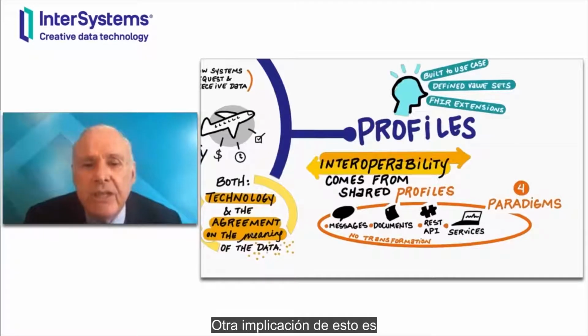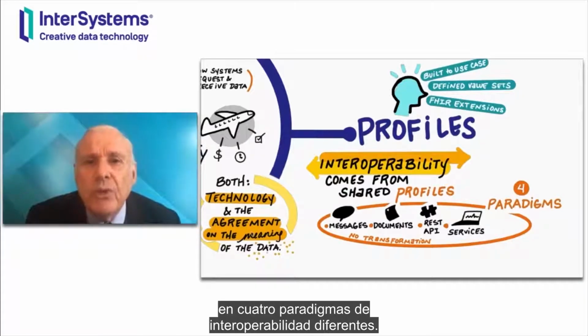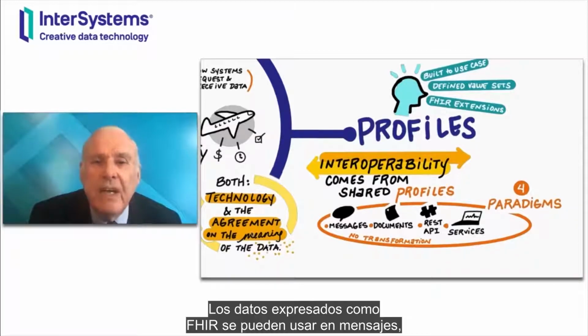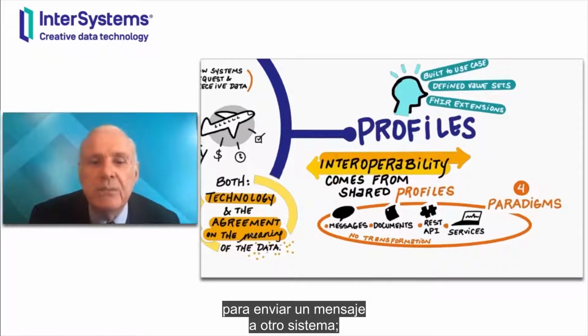Another implication of this is that FHIR can be used in 4 different interoperability paradigms. Data expressed as FHIR can be used in messages to send a message to another system.